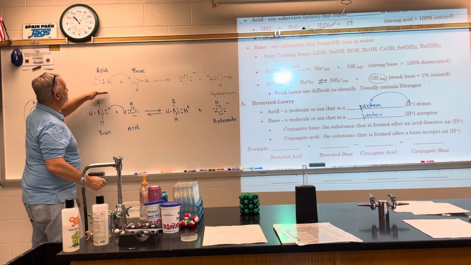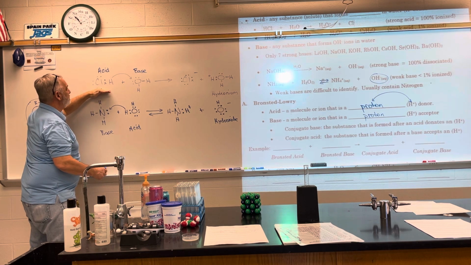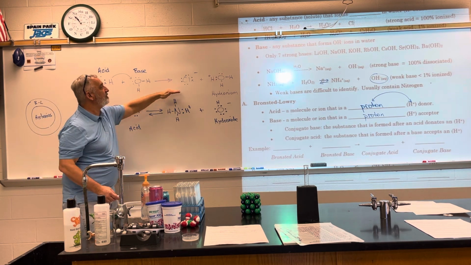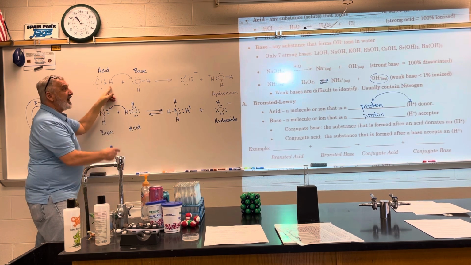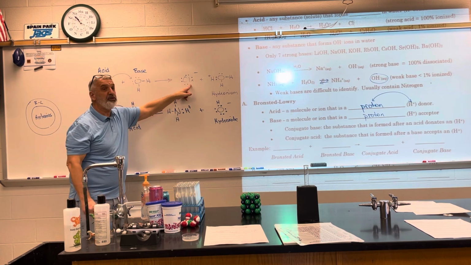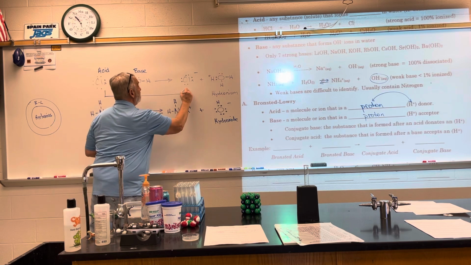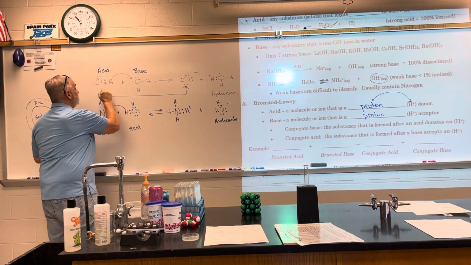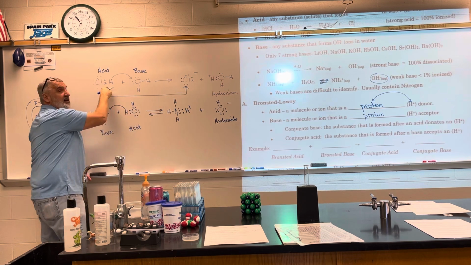So if I look at HCl right here, HCl is the acid, okay? Well, the Cl minus, once it donates a hydrogen, now that it lost one, it has room, it has the ability to accept one back. But these two things are related to one another. The only thing that's different is it's missing one hydrogen, but this obviously came from that.